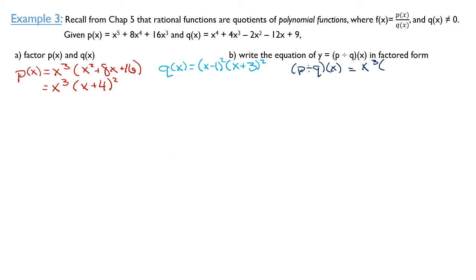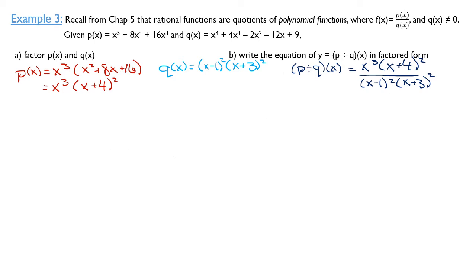They go crazy a lot. So I write my x's like multiplication symbols, and that's a big no-no. (x plus 4) squared over Q(x), which is (x minus 1) squared times (x plus 3) squared. That's part B.